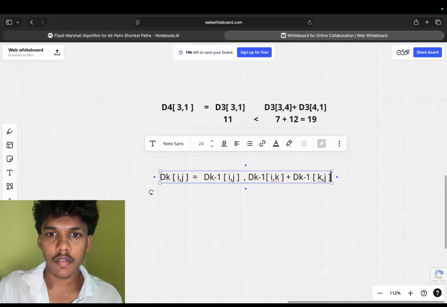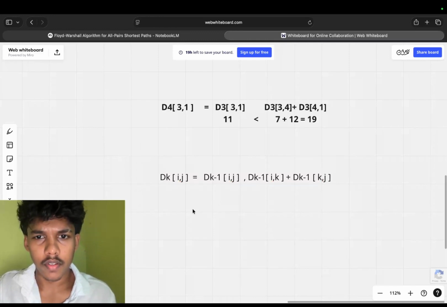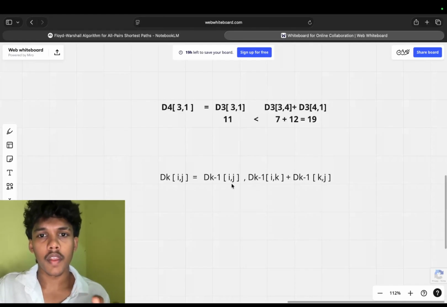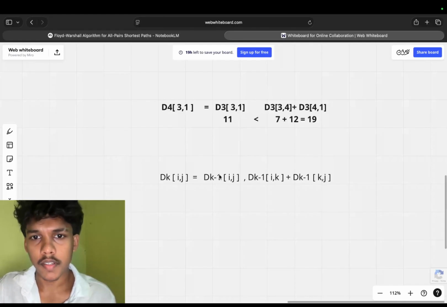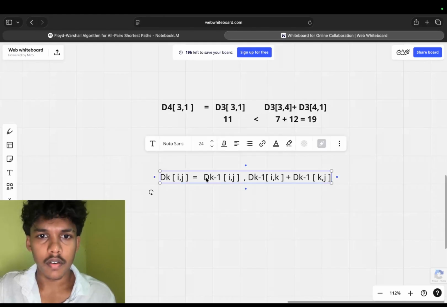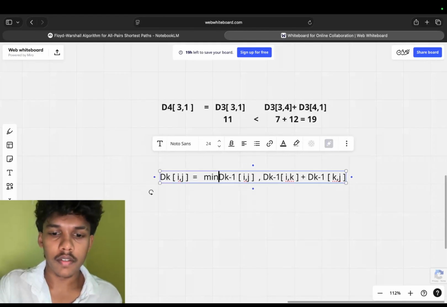Right, so this is the formula, but since we are choosing the minimum from this and this, we will add the min function.